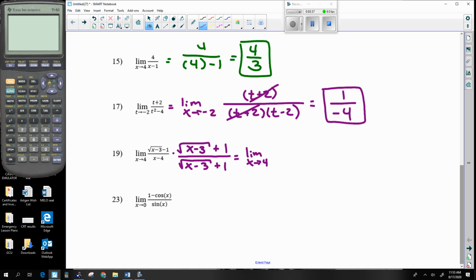Squaring the numerator, the square roots go away, so that leaves an x minus 3. It'll be a positive square root and a negative square root, so that goes away as well, and then a -1 with the -1 times 1. And the bottom, again, most likely that chunk right there, the x minus 4, is going to drop from the problem. All right, so I see that indeed the numerator is an x minus 4.